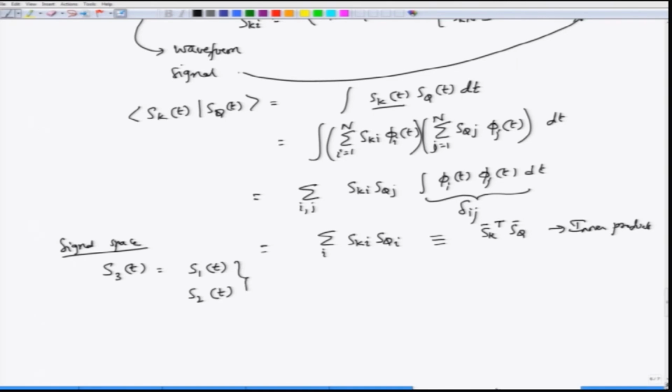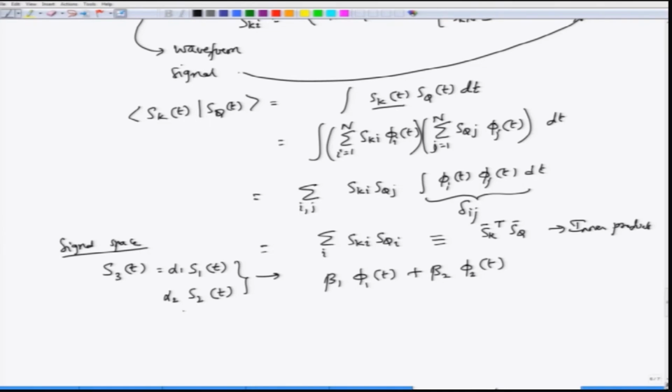From a linear combination of S1 and S2, I will obtain a different combination. Let us call these beta 1 and beta 2. In place of S1 I will use phi 1 of t, and in place of S2 I will use phi 2 of t, where phi 1 and phi 2 are the orthonormal basis functions obtained from S1 of t and S2 of t.